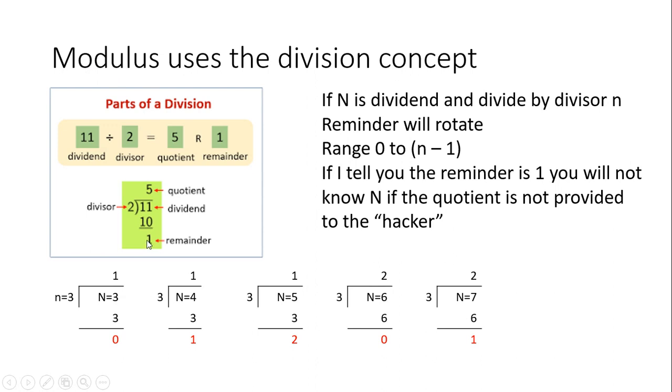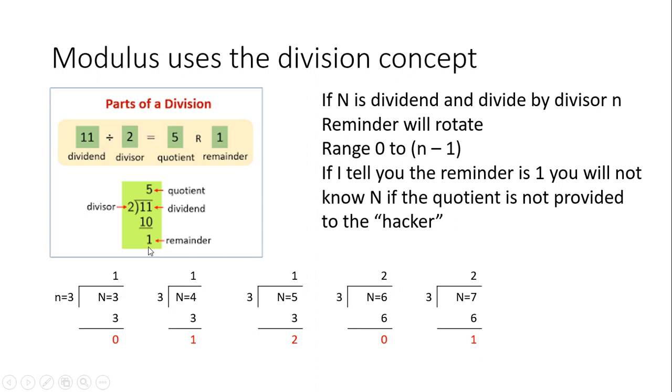Modulus is the remainder. When you take a number, which we call the dividend, and you divide it by a divisor, in this example our divisor is p. The value p is a shared value that we agree on, and this is the remainder.